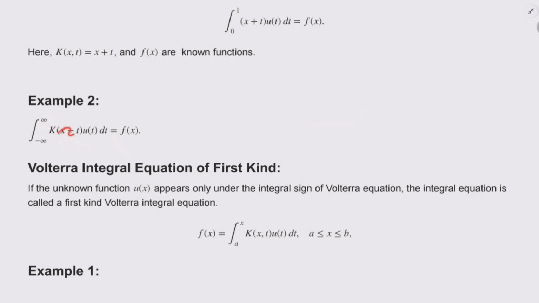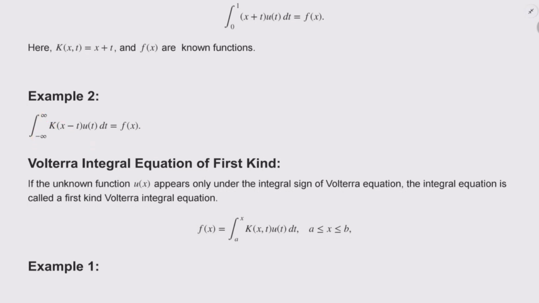So there will be a kernel which depends on x minus t. Function f of x is known, u of t is unknown. There is only one unknown in this equation. So this is a Fredholm integral equation of the first kind. Why is this Fredholm? Since the limit is fixed.